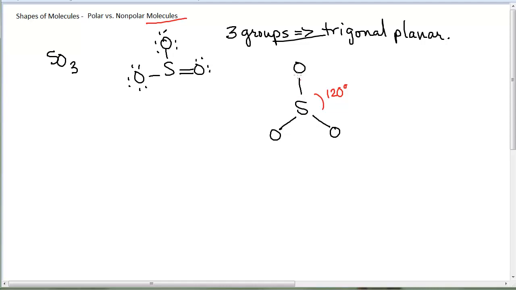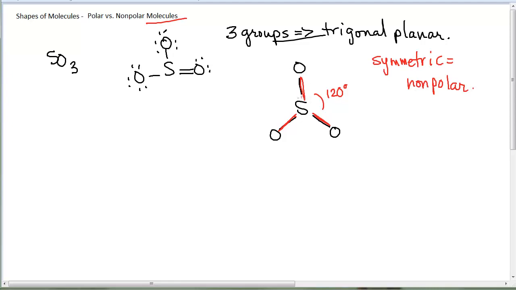Now, each of these sulfur-oxygen bonds is polar, and they are each going away from the sulfur in a trigonal planar arrangement around the center, and so this is a perfectly symmetric molecule, which means it is nonpolar. A couple of ways of looking at that.